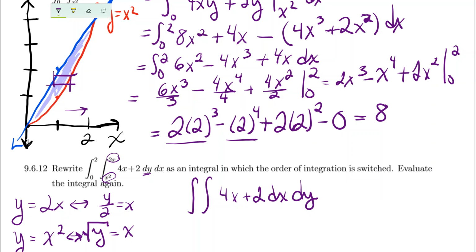So I need to go this way, which means the blue function, which is 2x, is the one on the left, and the top, the red function, is the right. Now we talked about this in a previous theorem, and it was between pages 6.68 and 6.67. It doesn't have a page number, sorry.